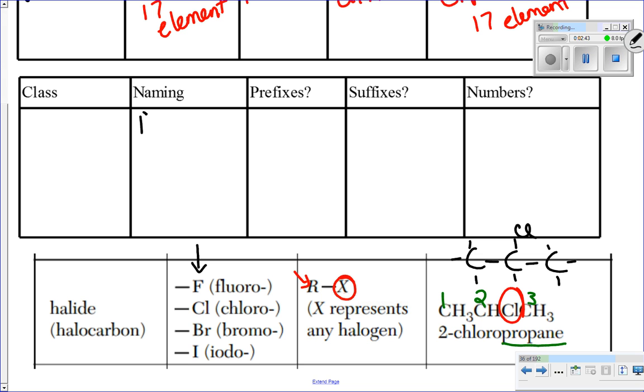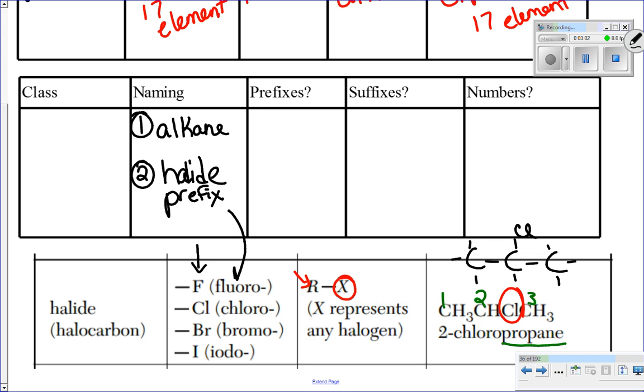So when you name these, you're going to start by having basic alkane naming. Then your ending will not change, and you're going to use a halide, or halogen, I should say, prefix, which are given again right here. So that prefix is going to be the name of your halogen. Your suffix will just be your alkane ending.